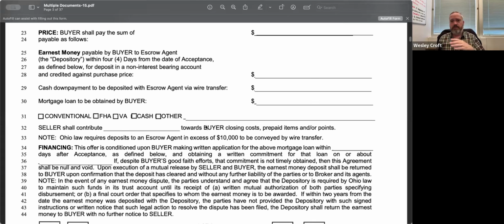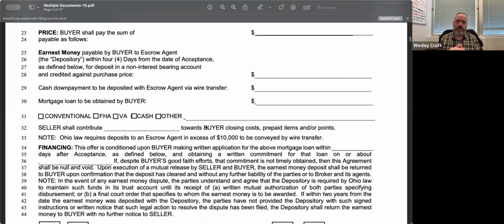Line 32. On our old contract, we used to have to write this into the also included line or put it on a different addendum. But this is where you would write if you wanted the seller to pay any of your buyer's closing costs. So you just put seller shall contribute, and there's a blank line there. If you want it to be very clear to everyone, both the buyer and the seller, write a number there, not a percentage.